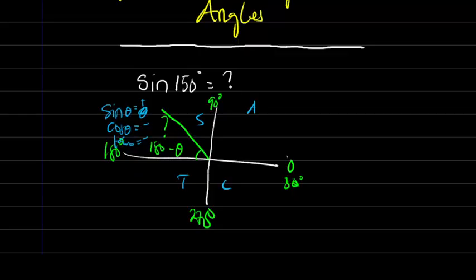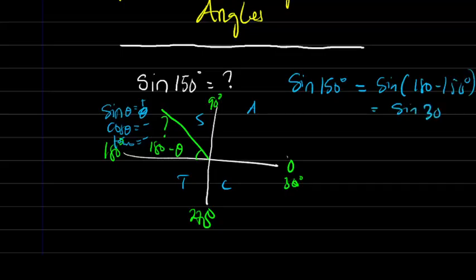So we are going to have a positive answer. That means sine 150 degrees is the same thing as sine of 180 degrees minus 150 degrees, and that's sine 30 degrees. That's it.